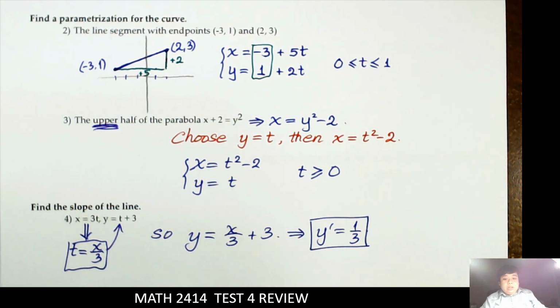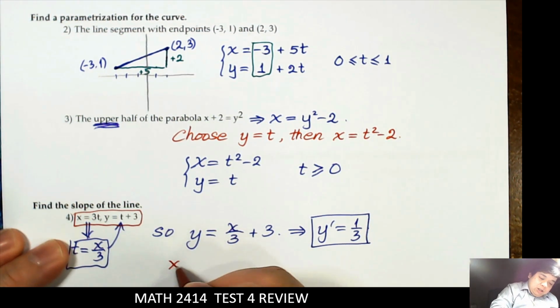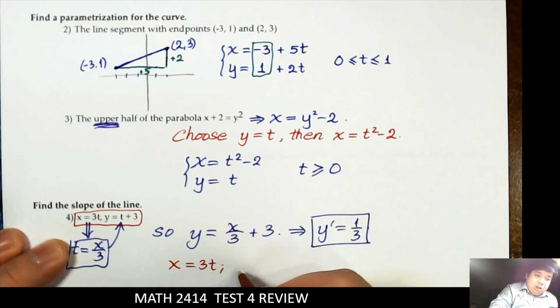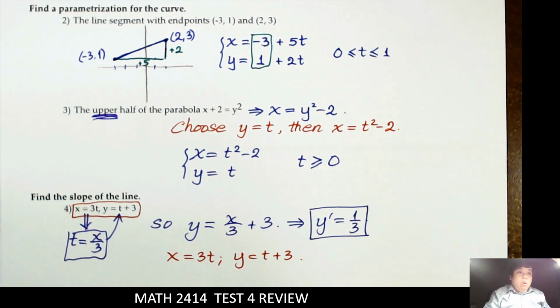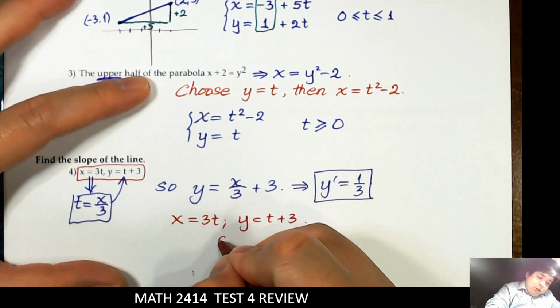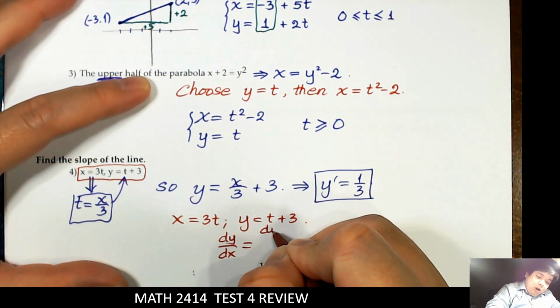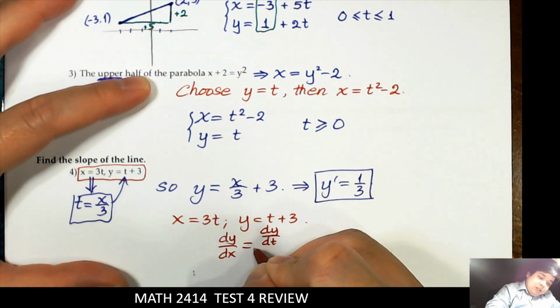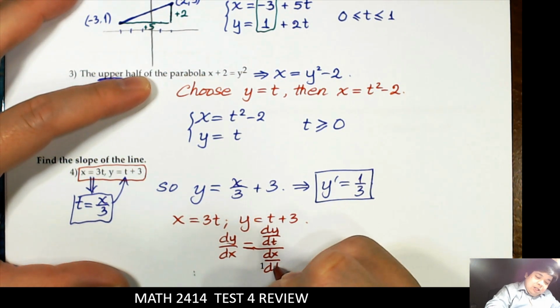However, we're not going to do it this way. What we focus on is we're just going to keep this parametric equation. What we do is we use y prime or dy over dx. We can say it's dy over dt over dx over dt.